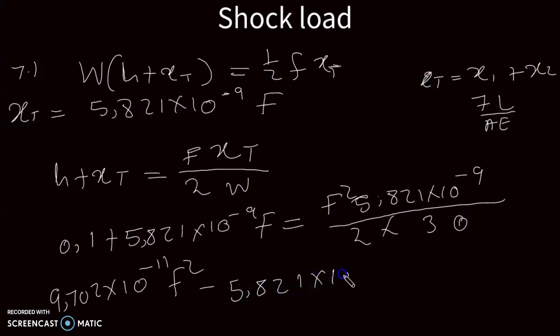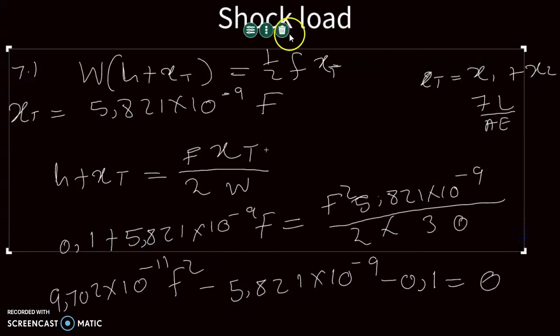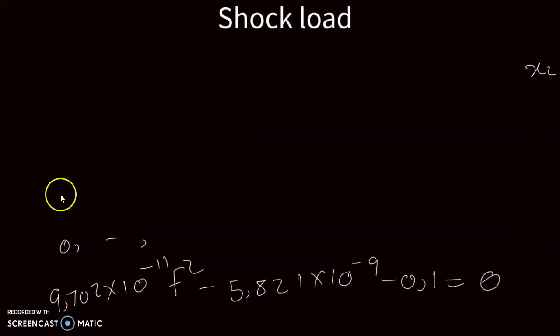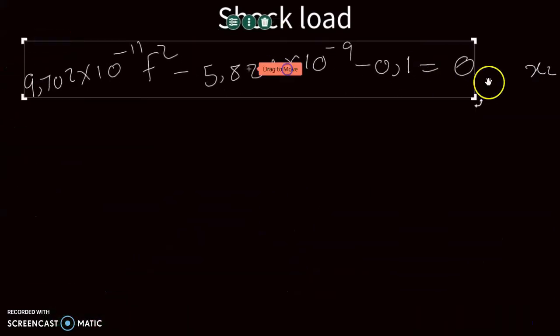821 times 10 to the power negative 9 minus 0.1, and then this will be equals to 0. Take this to the top.